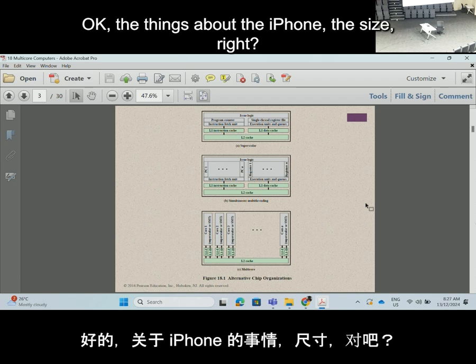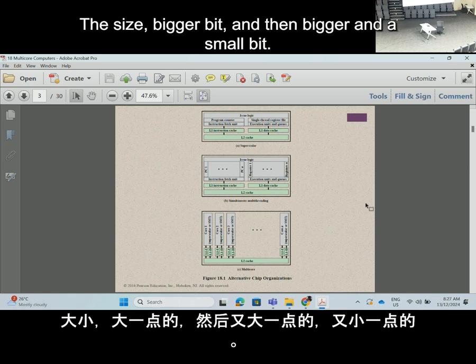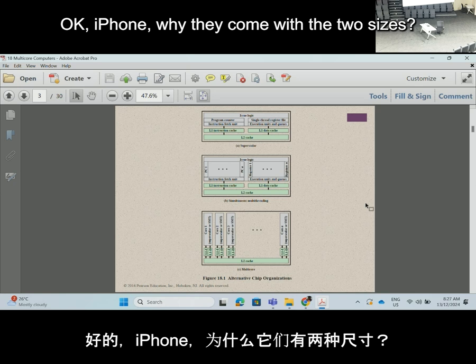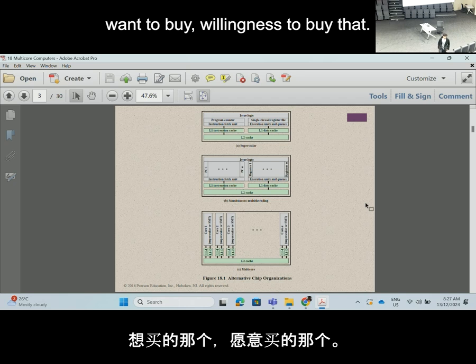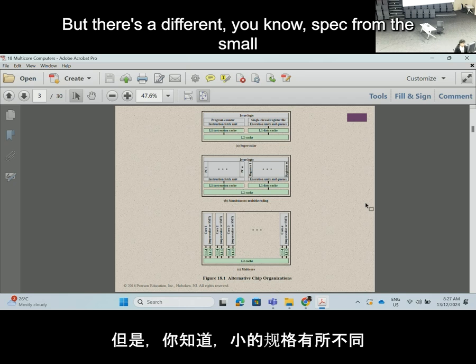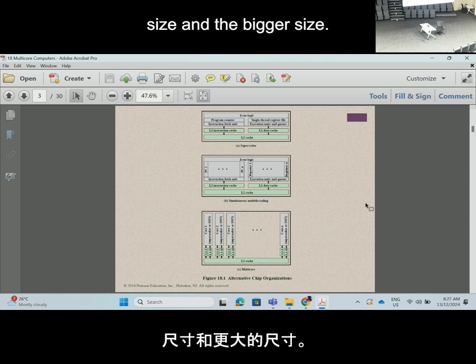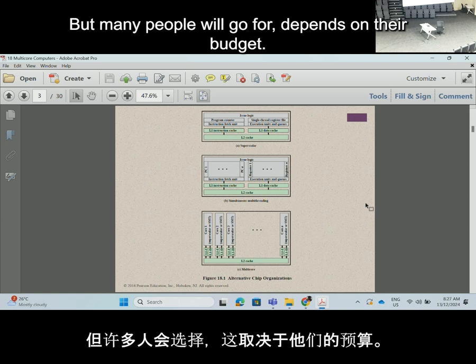15. Okay, the thing about the iPhone is the size, right? A bigger one and a smaller one. Why do they come in 2 sizes? As I said to you, we talk about the cost and the user's willingness to buy. But there are different specs between the small size and the bigger size, and many people will choose depending on their budget.